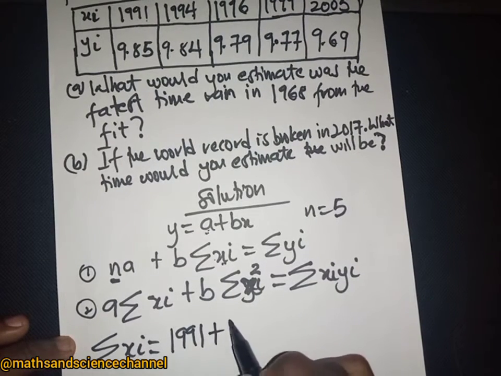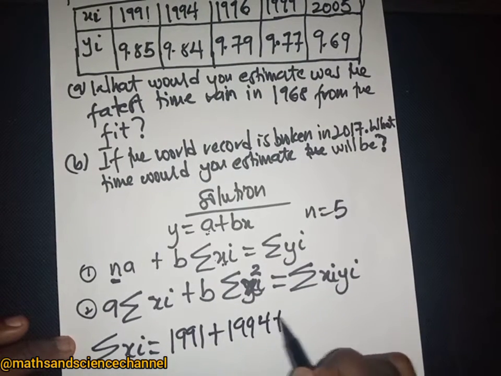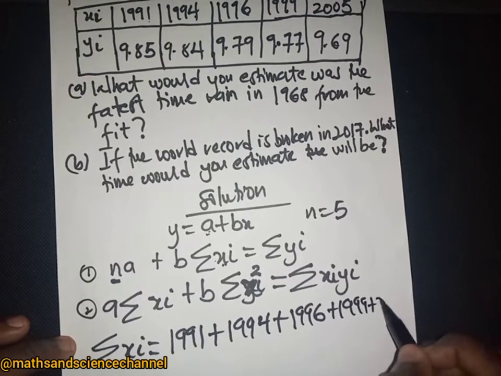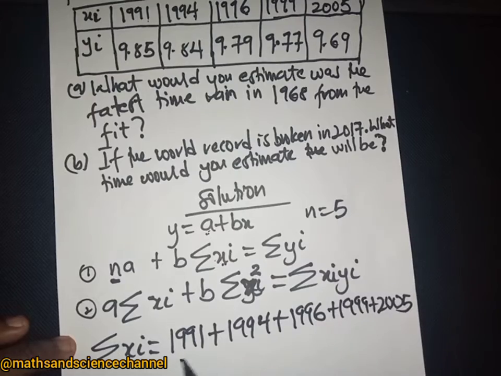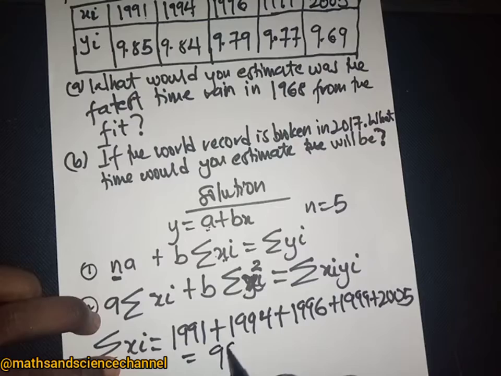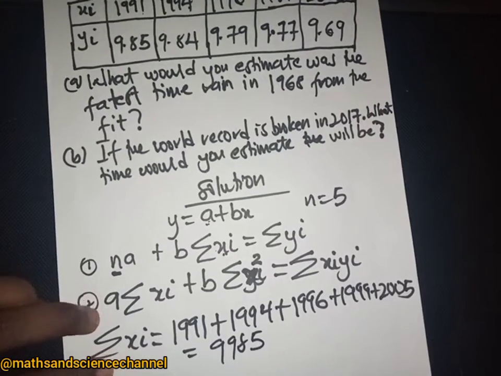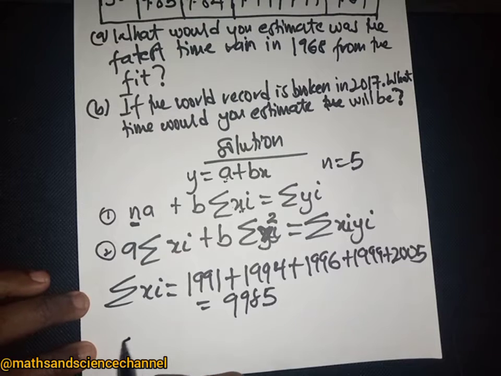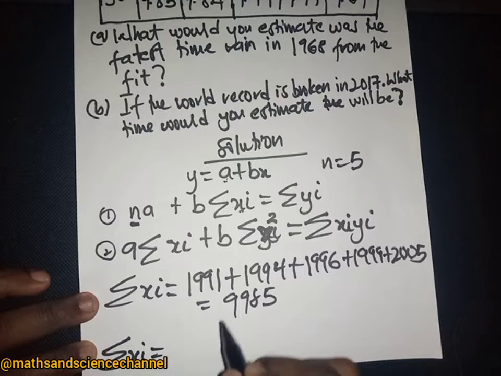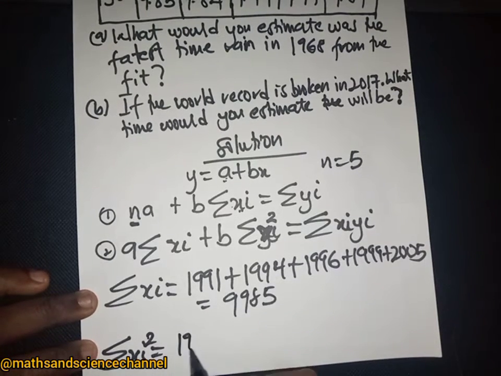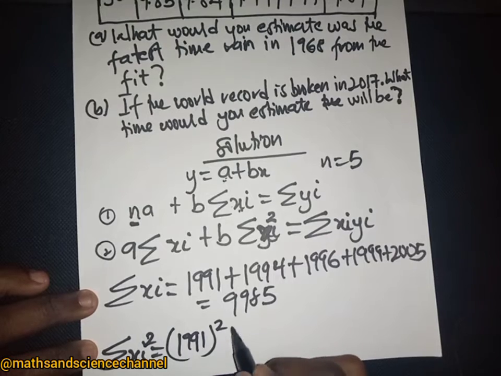So 1991 plus 1994 plus 1996, then also 1999, then plus 2005. When we sum them up, we get 9985. And then we also need the summation of all the x values squared, the square of all the years.